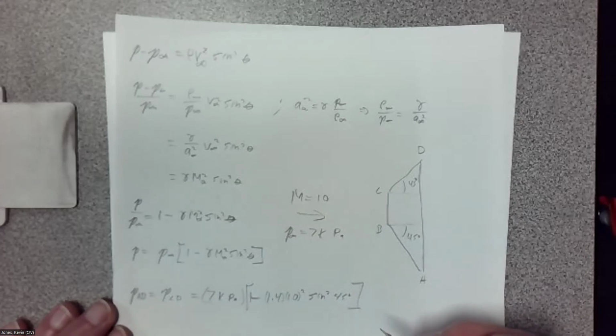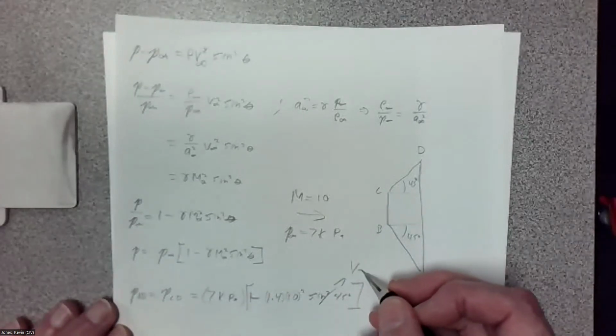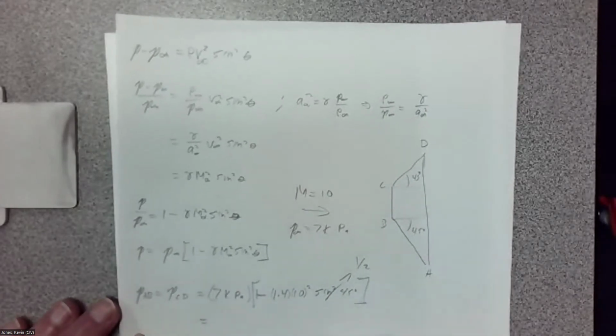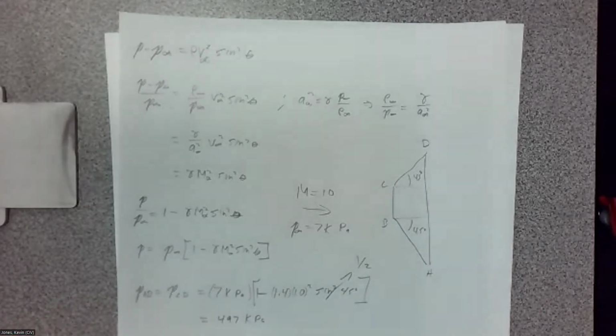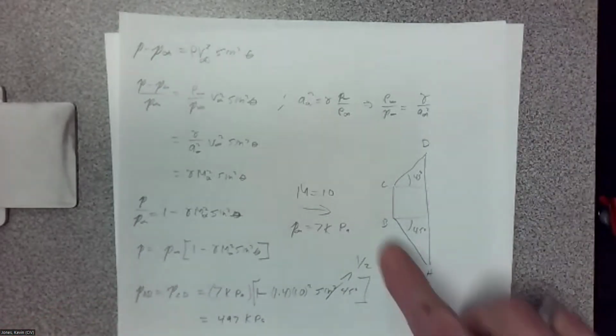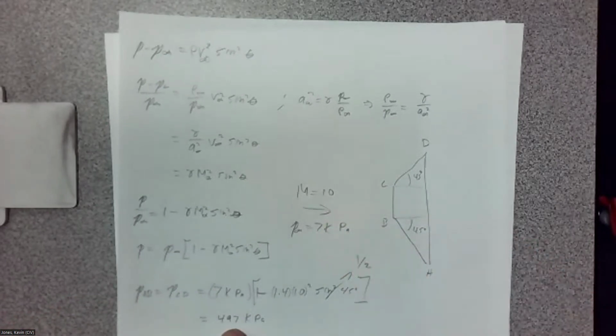Sine of 45 degrees is what, root 2 over 2. So square it, that's a half. So anyway, crunch through the numbers and I think you get 497 kilopascals. So the forces get pretty brutal. We had 7 kilopascals of air in the free stream. We're now not quite 100 times that much. So pressures get big in a hurry.